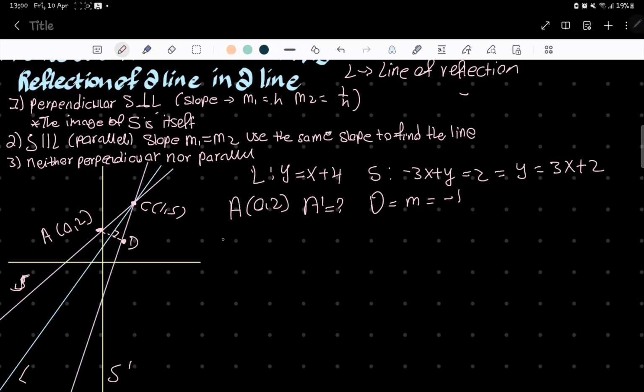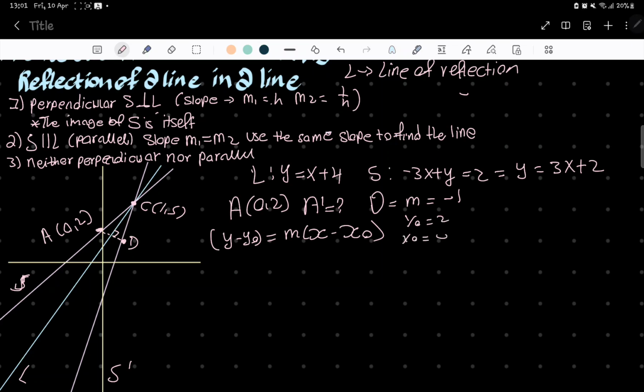So line D is going to use y naught and x naught, which in this case are 0 and 1.